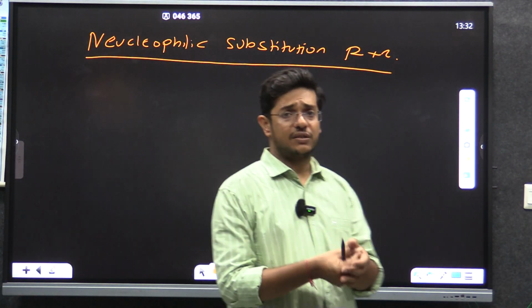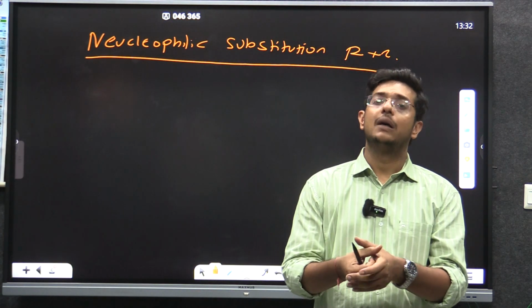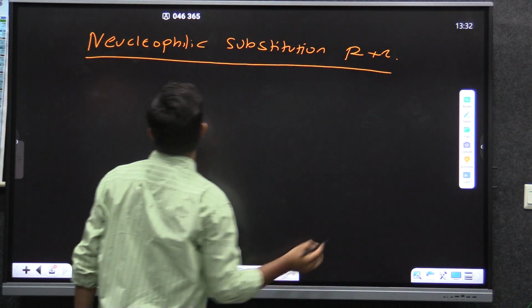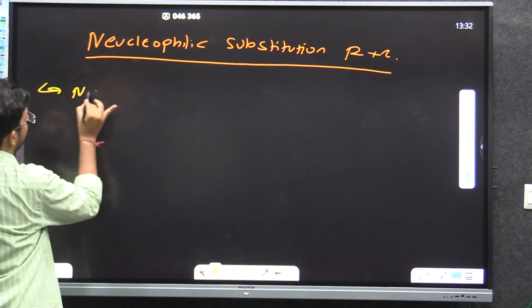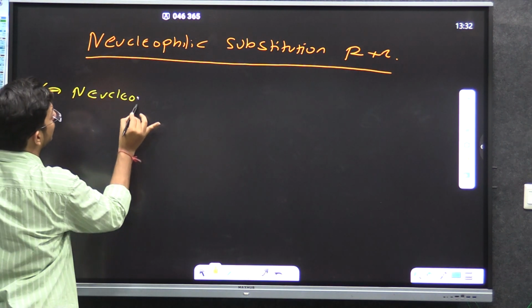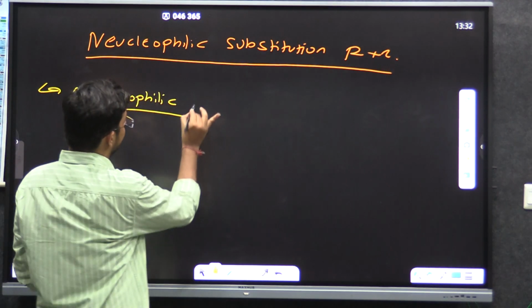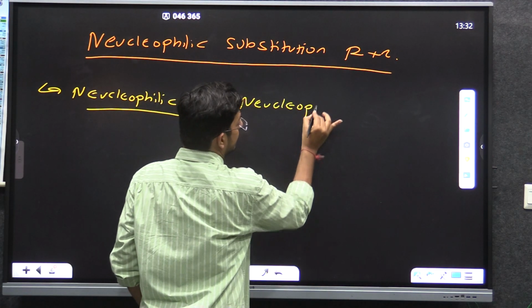Before starting this lecture, I hope that you know the basics of organic chemistry. So let's start nucleophilic substitution reaction. My dear, nucleophilic substitution reaction has two terms. The first one is nucleophilic. Actually, nucleophilic comes from the term nucleophile.